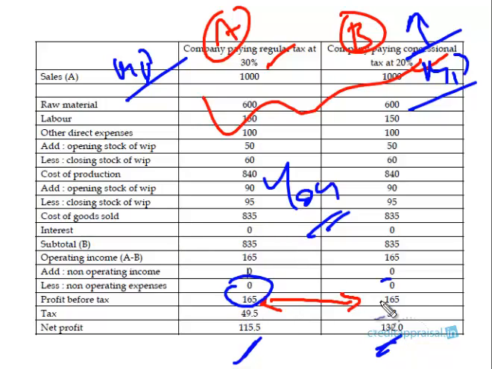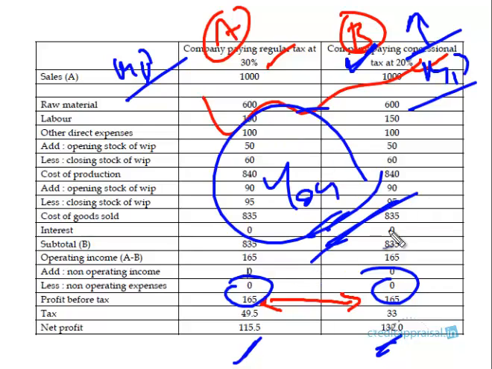So they earn 165 profit, till this point is okay, but you can't attribute this higher profit to a better management style or better operational performance of B. You can't do that because the difference is only on the tax portion, and that decision was taken by you. You decided to locate this unit in a backward region, and that's why it's got a concessional tax rate.